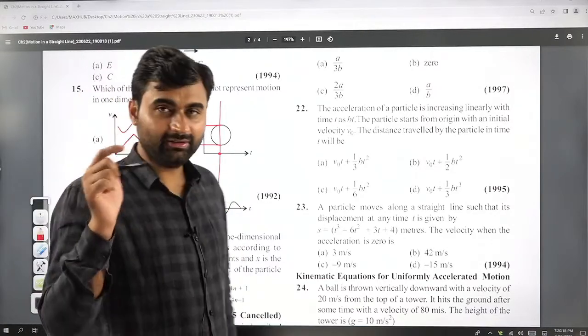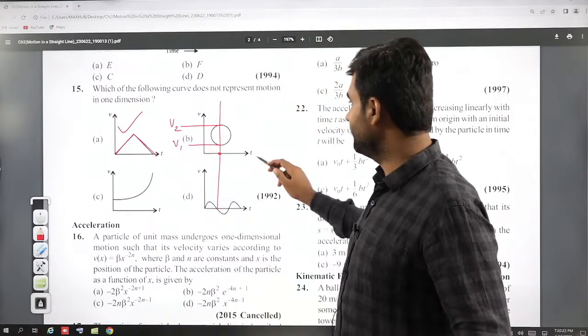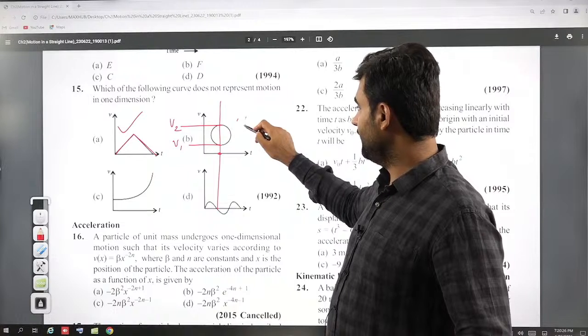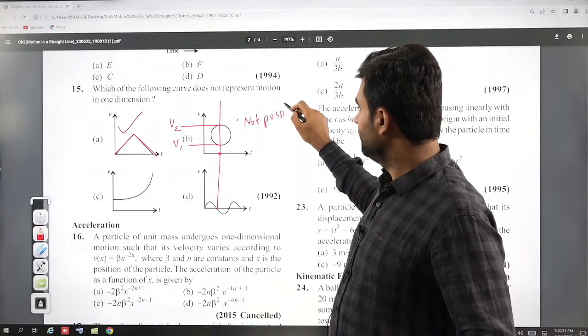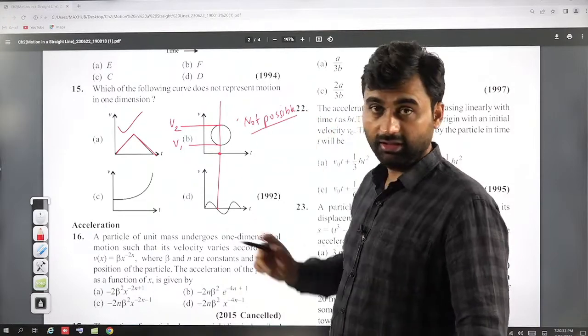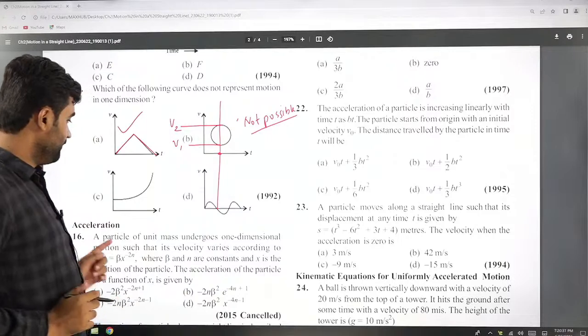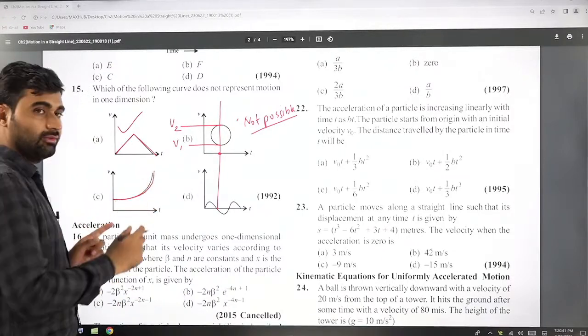So at a single time, two velocities are not possible. So this graph is not possible. Is it clear? All of you understood? But if you want to check the other options, yes, we can check. Option C, velocity is increasing, yes, velocity can increase.